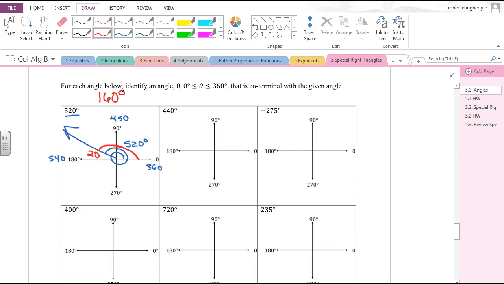Let's look at a 440 degree angle. Is that more than a revolution? Yeah, so if I look at this angle, if I go 1 revolution, that's how much? 360. How much further do I need to go? I need to go 80 more. So that's my 440 degree angle.